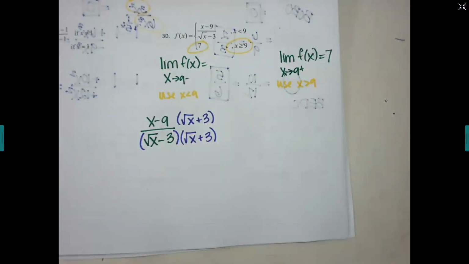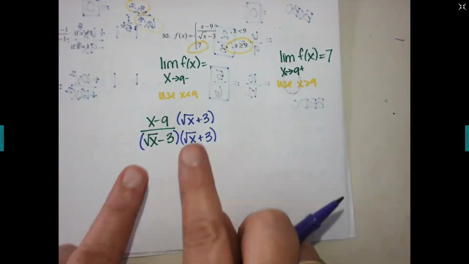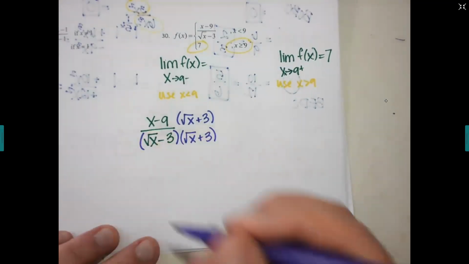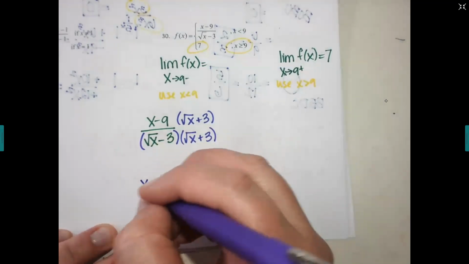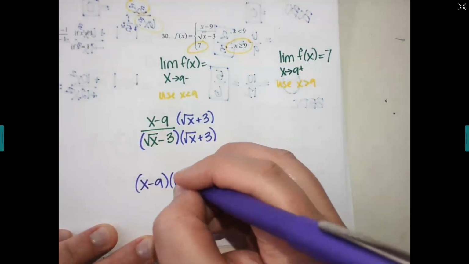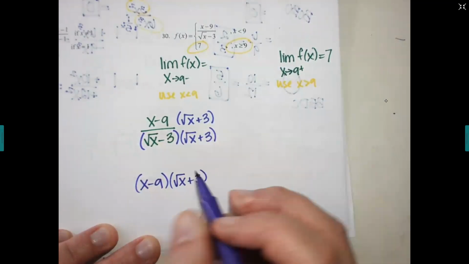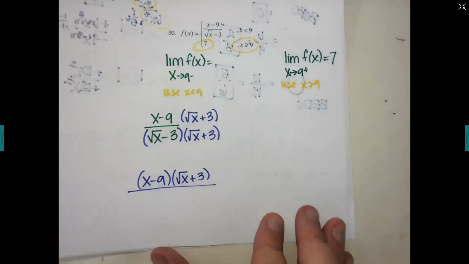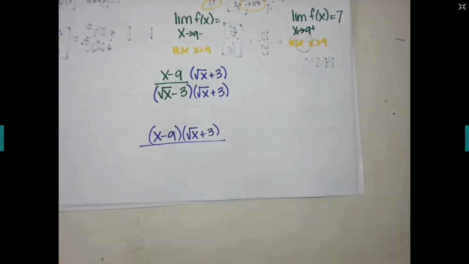Now, when you're multiplying, remember, you only times together the pieces that are conjugates. Something special happens when you times conjugates together. The top of this, though, I'm not gonna times that out. So I'm gonna keep my x minus 9 and my root x plus 3 just the way it is. But then on the bottom, I'm gonna actually times it out. What is root x times root x?